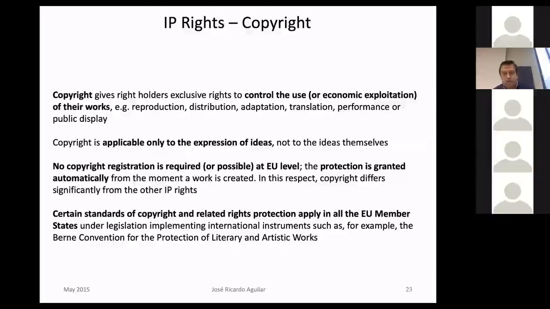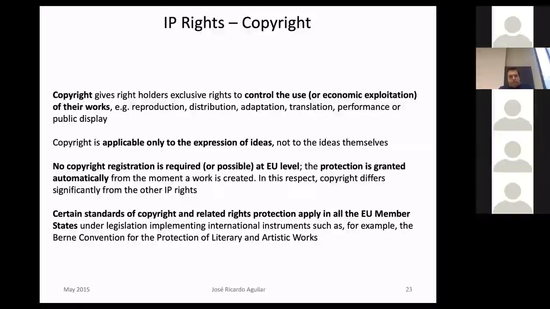So bringing back that previous slide where I mentioned that only the disclosure of the ideas is the time where and when we will have protection, and only then we'll have that protection. Then a very important point is that no registration is required at the EU for the protection of copyrights.